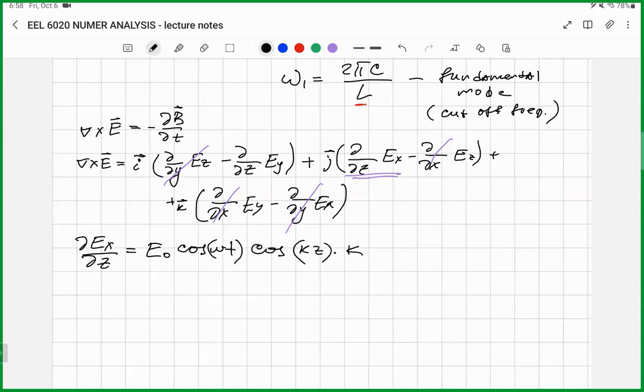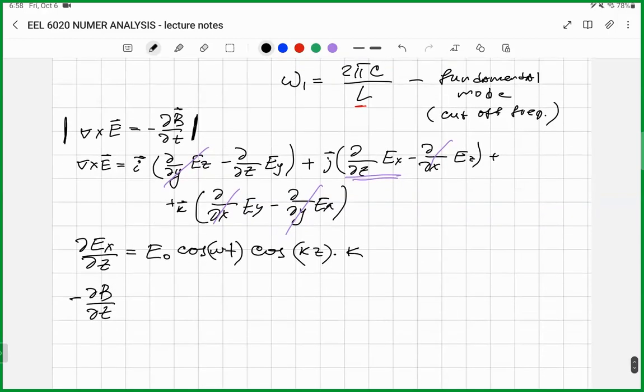On the other hand, this curl is equal to minus the time derivative of B. So minus dB over dt is equal to, in the y component, dBy over dt equal to E0 k cosine omega t cosine kz.